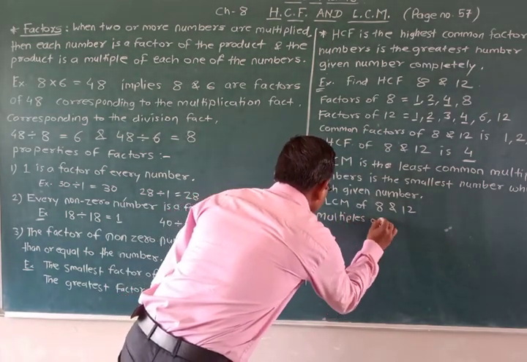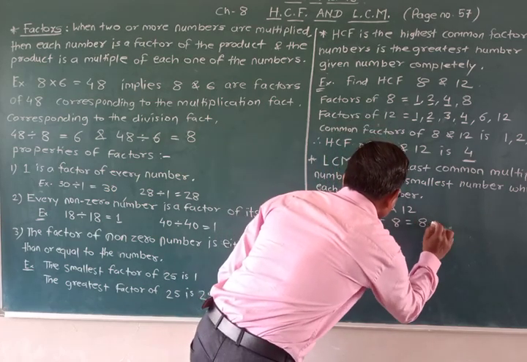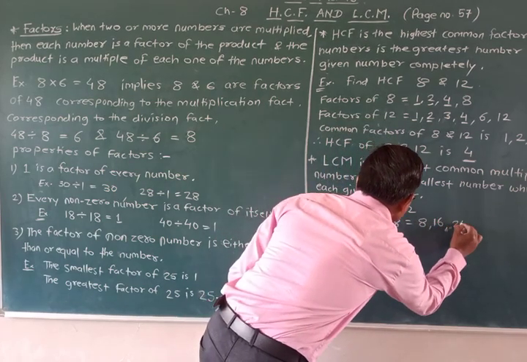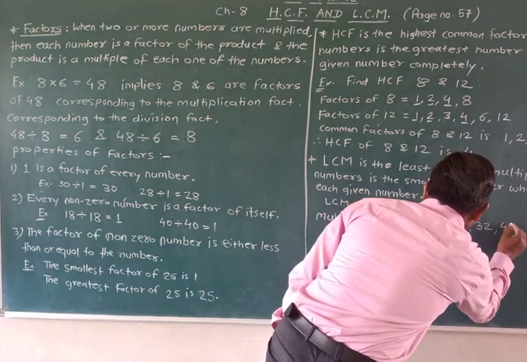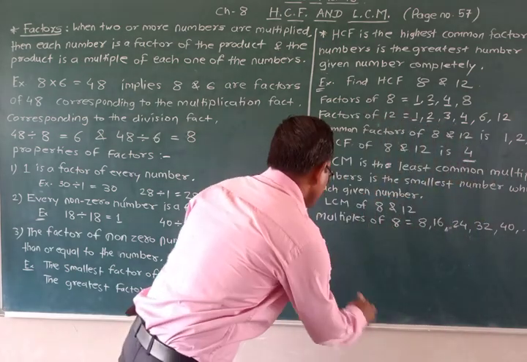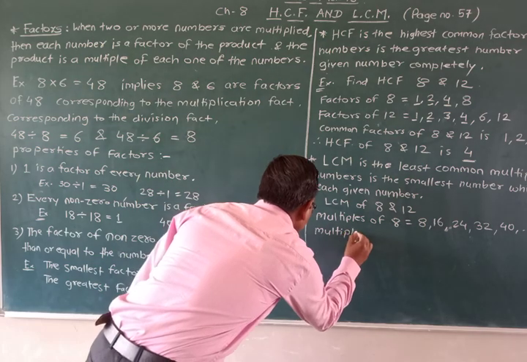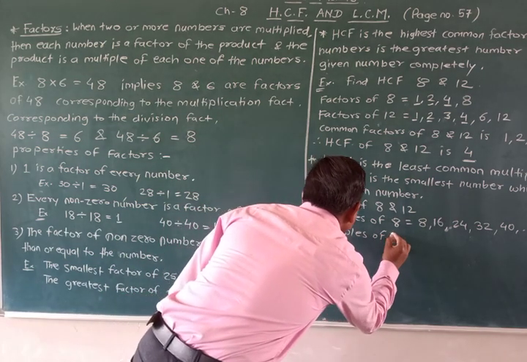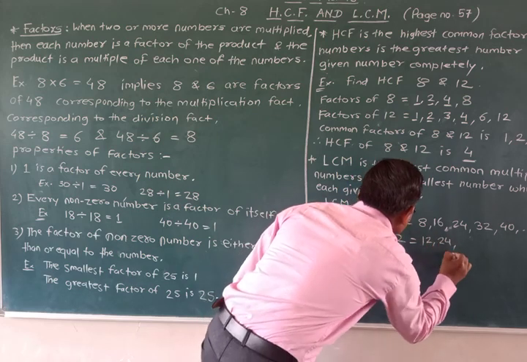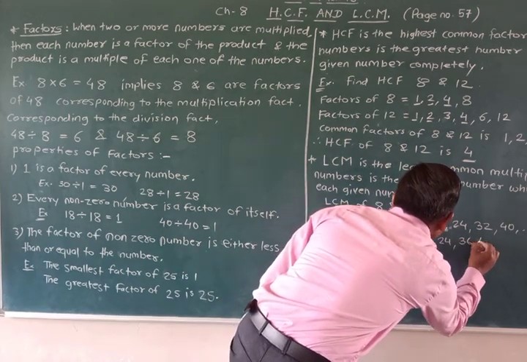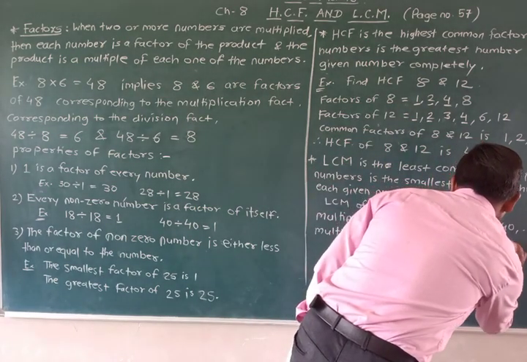Multiples of 8: 8 ones are 8, 8 twos are 16, 8 threes are 24, 8 fours are 32, 8 fives are 40. Then write the multiples of 12: 12, 12 twos are 24, 12 threes are 36, 12 fours are 48, 12 fives are 60.